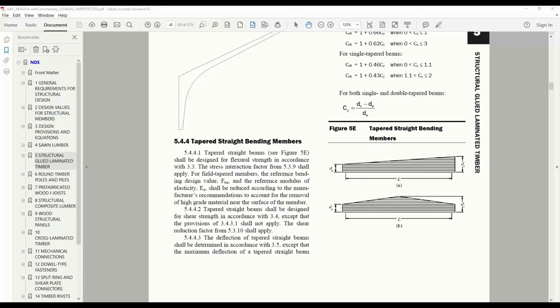It has to be the strongest part of the beam because it's potentially the weakest. So we only do that on the tension ply, but that's all I can speak to on proof loading.